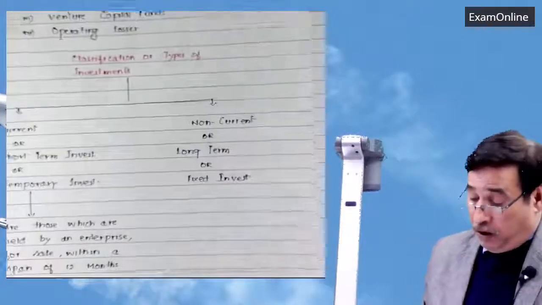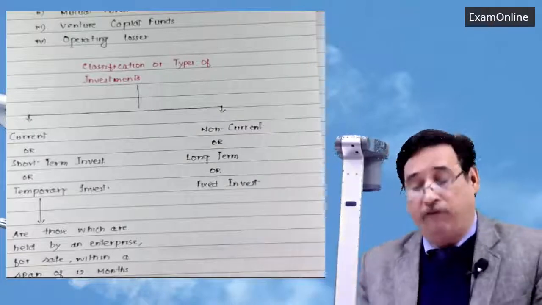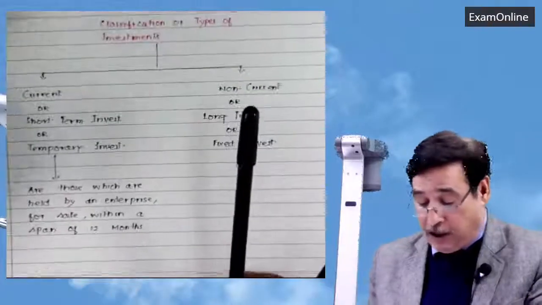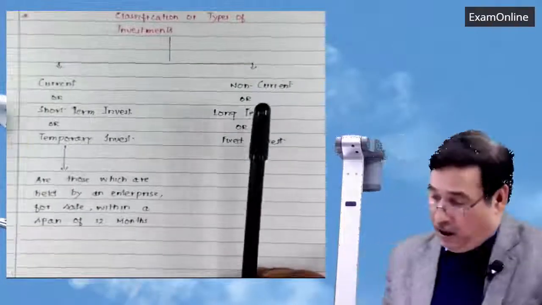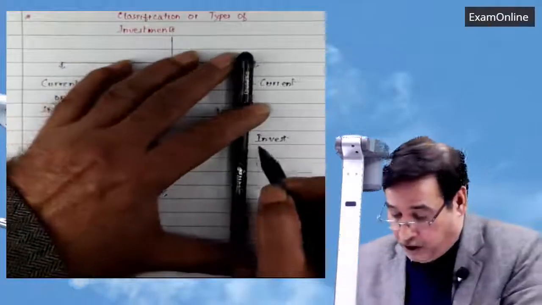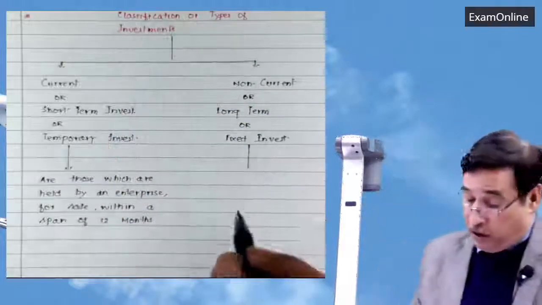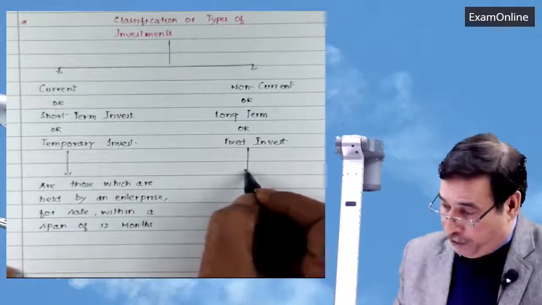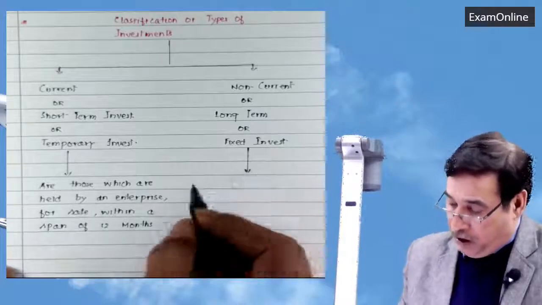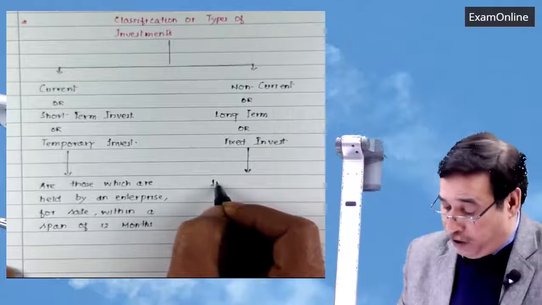Then, on the other hand, what is non-current investment? The standard simply says that non-current investments are basically those which are other than current. However, it also means that the basic intention here is to keep the investment for a longer period of time. Correct? However, we will go by the definition of the standard.